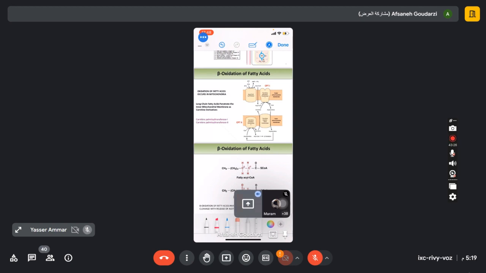This system uses carnitine and different enzymes. Therefore, I need to explain how this system works. First of all, we should reach the fatty acid inside the matrix, and then we will talk about the several reactions involved in beta oxidation.